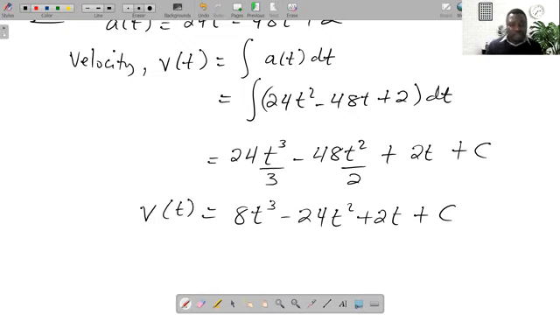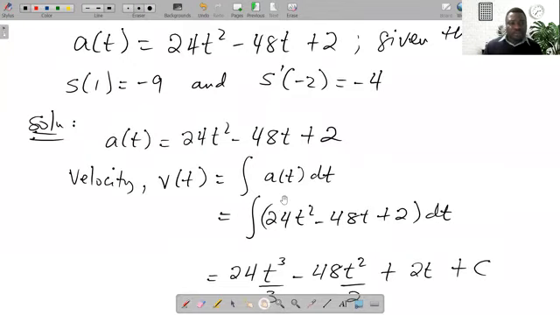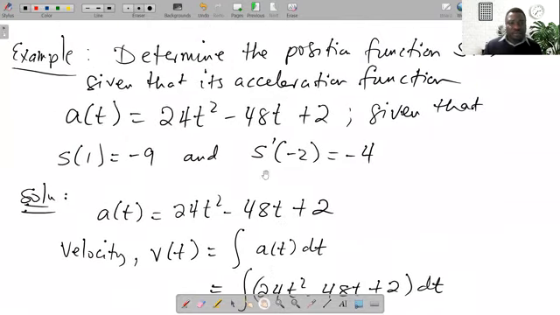function. I think I wrote the problem wrongly. This one here is actually your v of t.